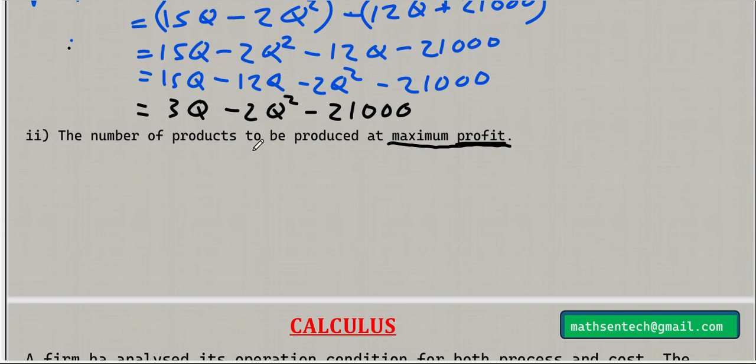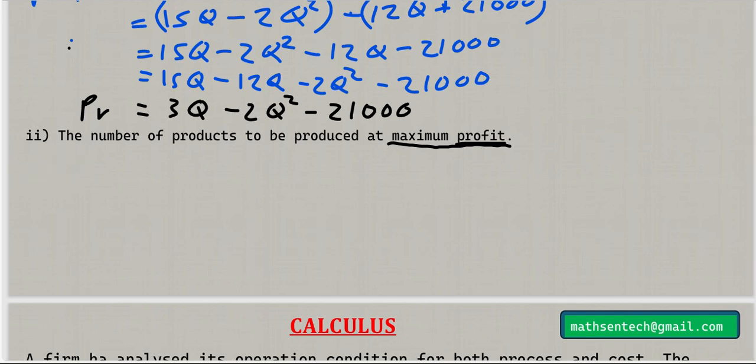So remember, this is a profit function. To get the maximum profit, what do you do? You differentiate this function. Remember we are differentiating the profit function because we have specifically been told maximum profit.